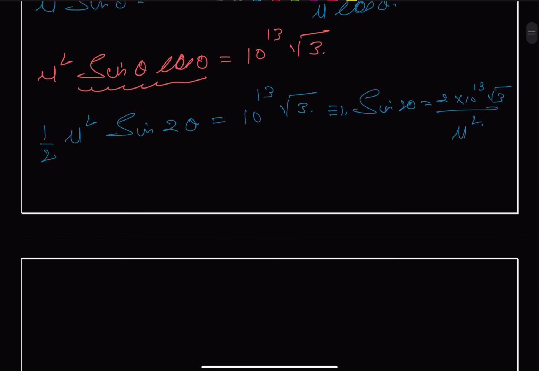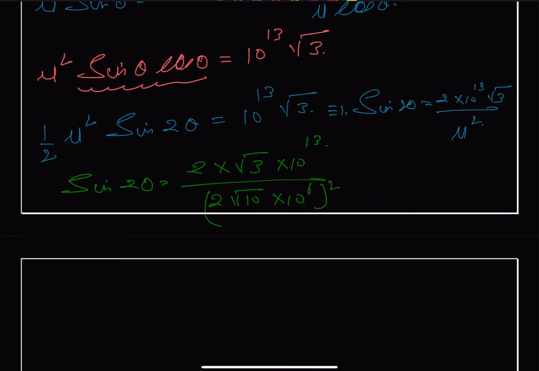So we substitute that, we get that our sine of 2 theta is equal to 2 into square root of 3 into 10 raised to the power 13, and u square is 2 square root of 10 into 10 raised to the power 6 whole square. So we get this as 2 square root of 3 into 10 raised to the power 13, and we have this as 4 into 10 into 10 raised to the power 12.